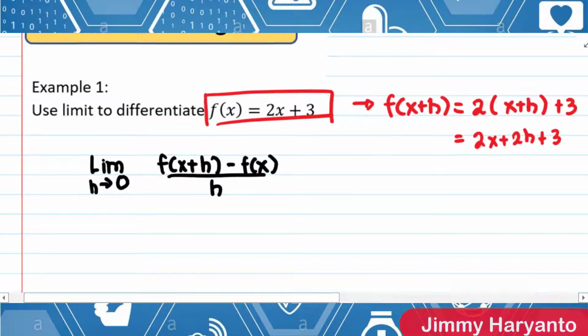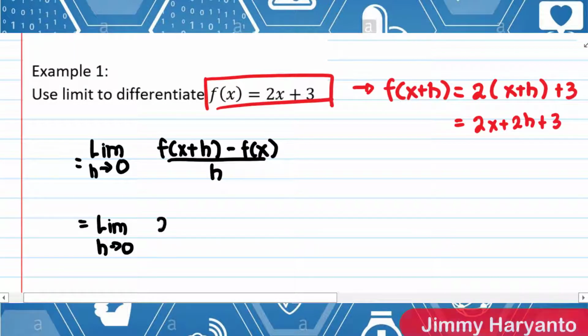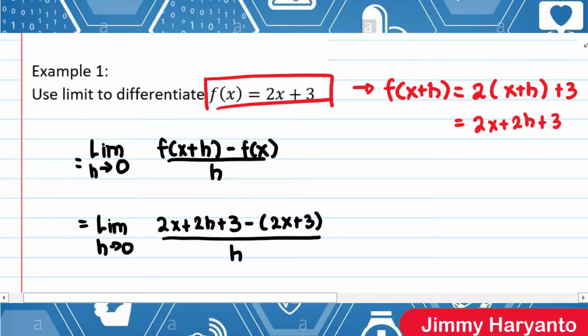Okay, so after we have the f(x plus h), we can continue the limit h approaching 0 from 2x plus 2h plus 3 minus, in the bracket, 2x plus 3 for the f(x). Yeah, we can change the f(x) into 2x plus 3, over h.